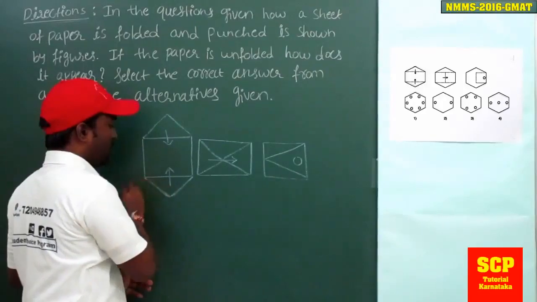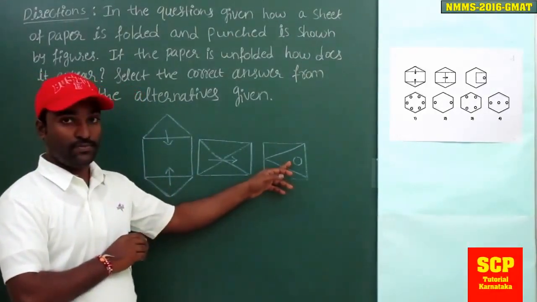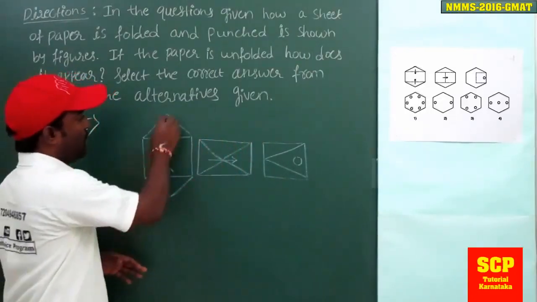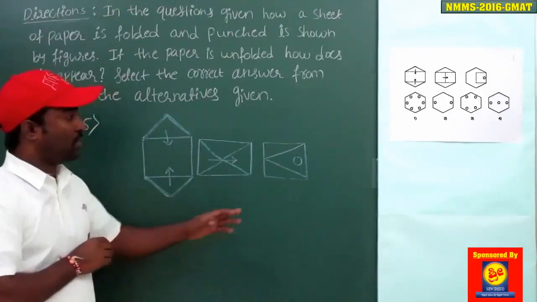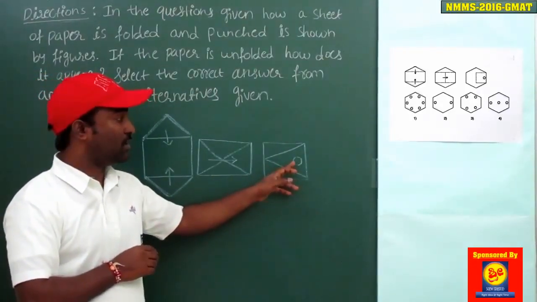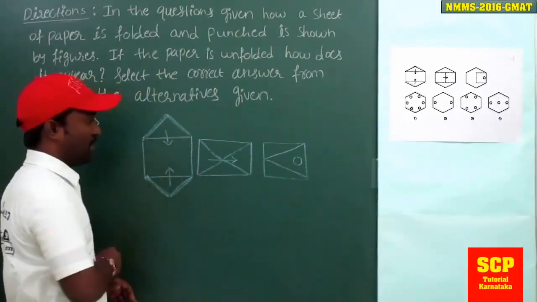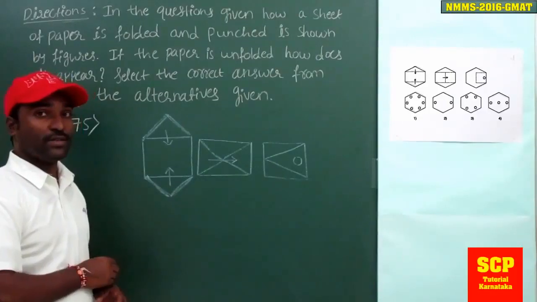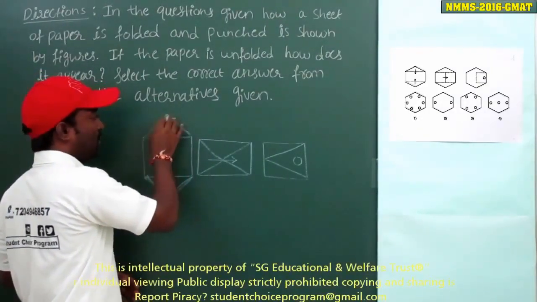both these parts are not in the hole. You should observe carefully. This part is not at the place of hole. That means the hole is not on these parts, both these parts. That means the hole does not come on this part or on this area.